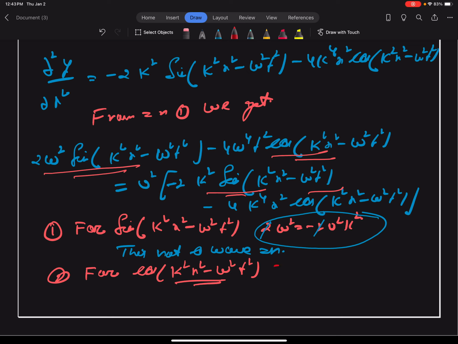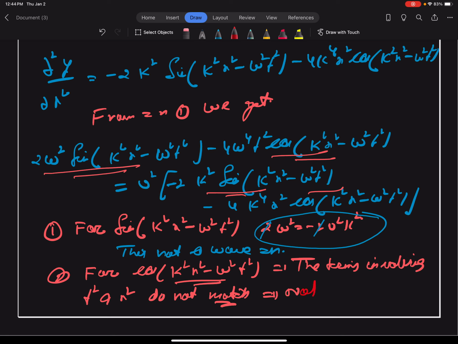The terms involving t square and x square do not match. So therefore, not a wave equation.